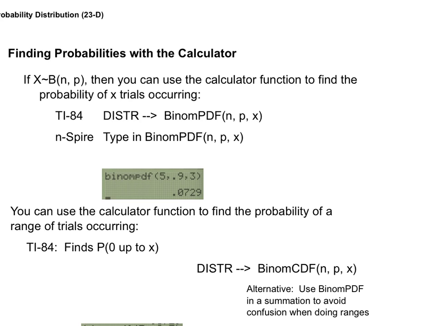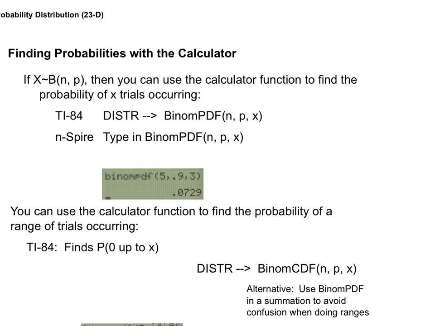Remember, success is simply whatever we're looking for. In the case of our archer, we're looking at hitting the target. That's success. So the number of trials in that case would have been 5 because we were shooting 5 arrows.